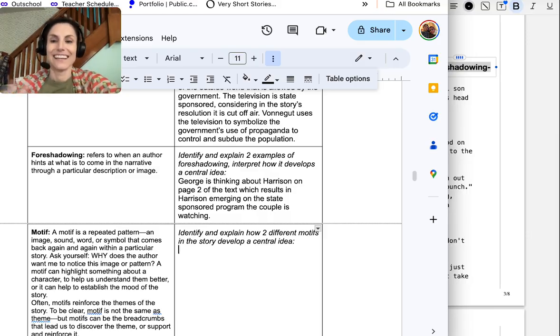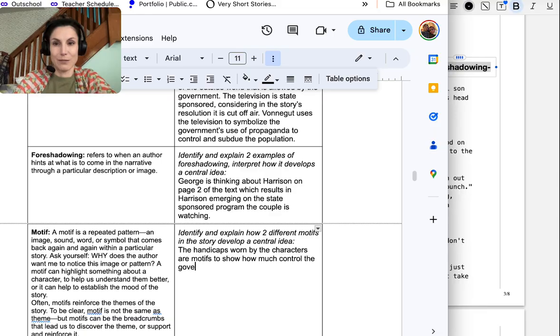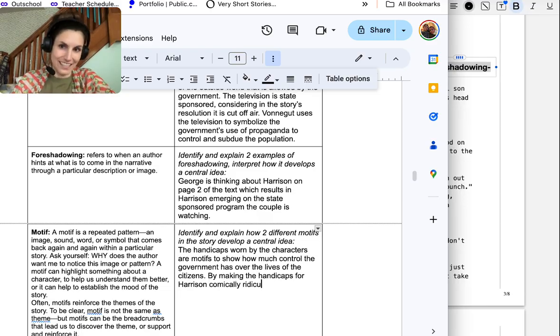That even the handicaps worn by the characters are motifs to show how much control the government has over the lives of the citizens. By making the handicaps for Harrison, we could even say comically ridiculous.